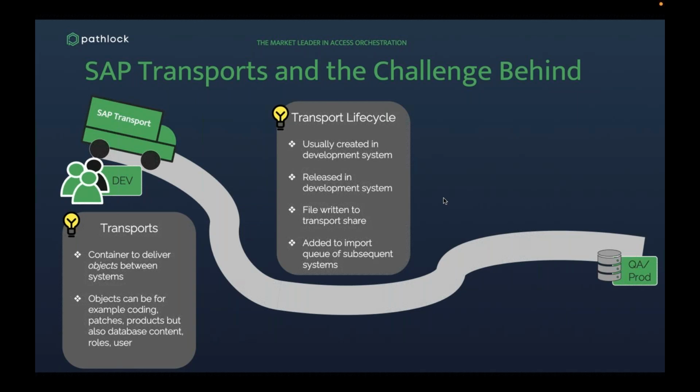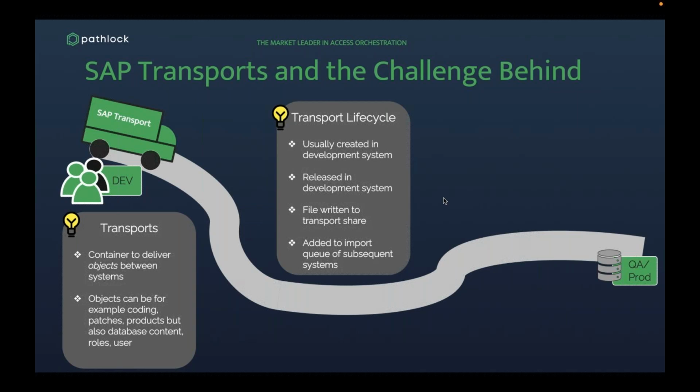After the development is finished, the transport is released in the development system and exported into a file in the transport share. Each system should have access to this share and will then scan if there is new data and import it into the queue of the QA system, for example. Depending on the configuration, it's auto-importing or whatever the rules are behind, somehow it will be imported.